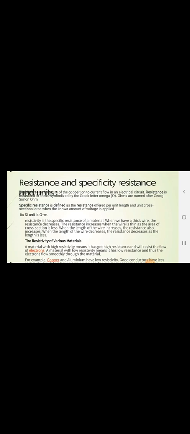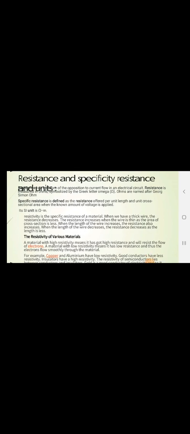When we have a thick wire, the resistance decreases. If the wire is a thick one, what happens? The resistance decreases. The resistance increases when the wire is thin, as the area of cross section is less. When the length of the wire increases, the resistance also increases. When the length of the wire decreases, the resistance decreases as the length is less. So from this, what did you understand?